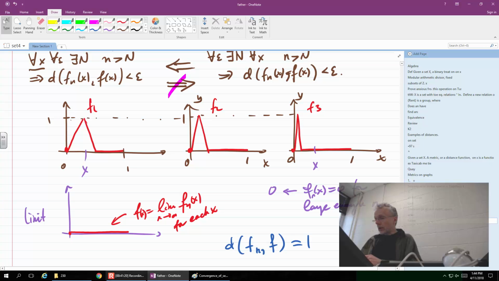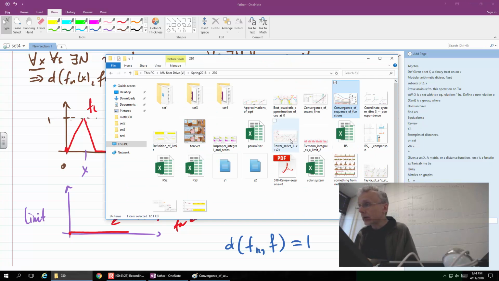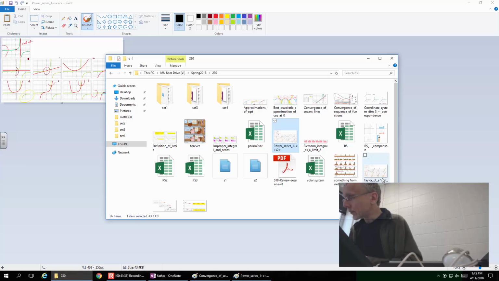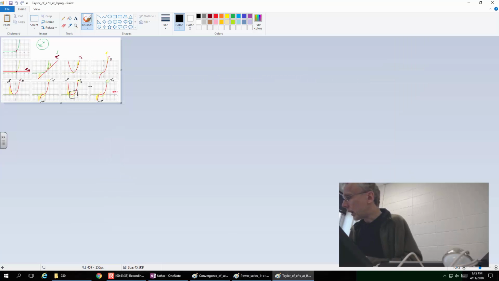So, if you forgot a little bit about Taylor approximations, I have here an example. Let me take the other one. This one. The exponential function.